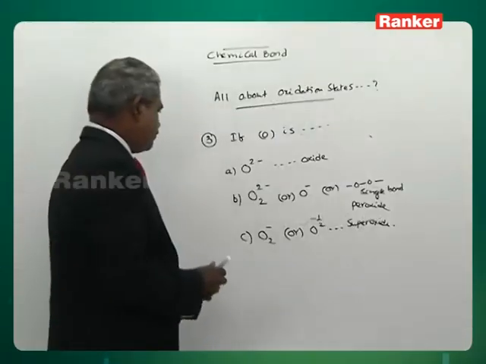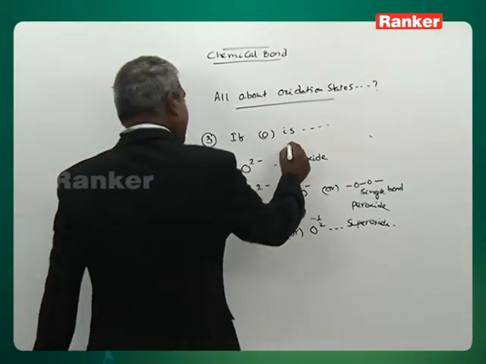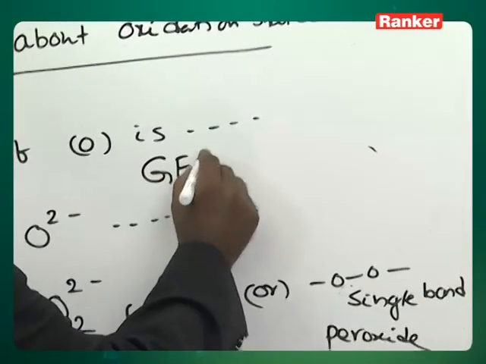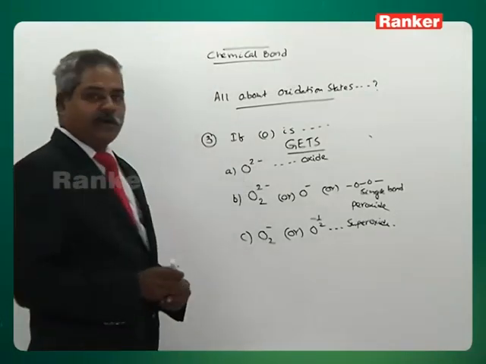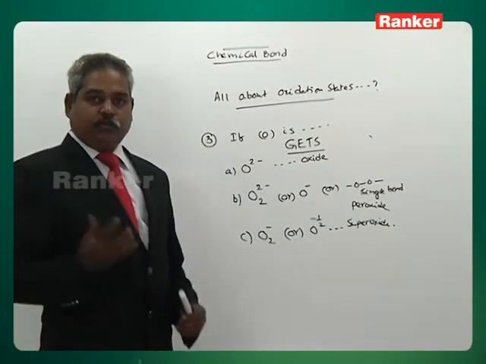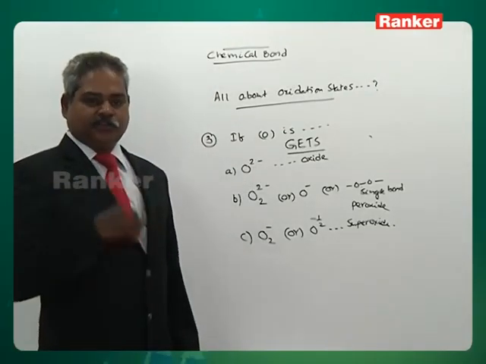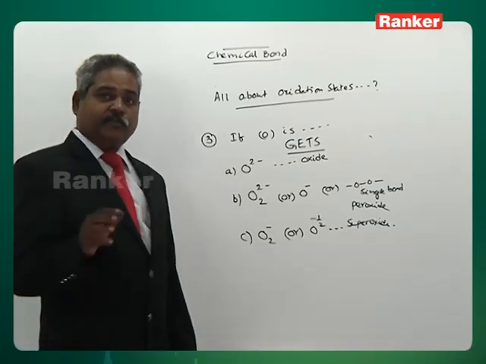There is the matter: if oxygen gets is the phrase I have been repeatedly using. It does not depend on what you give to oxygen. What oxygen gets by virtue of others is what matters.